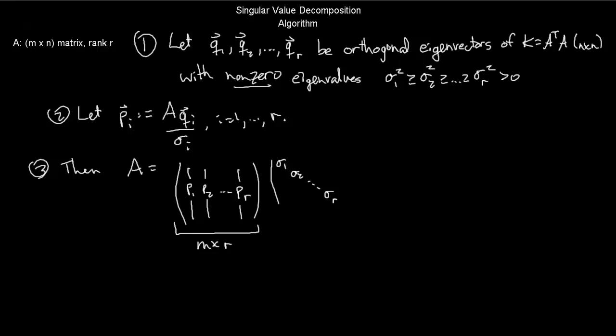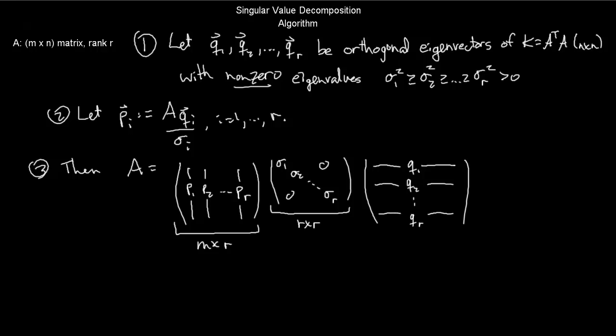It only has the singular values of A on the diagonal, sigma 1 through sigma r, and 0 elsewhere. And finally, you'll have to multiply by a matrix with the Q's in the rows. So the first row is Q1, the second row is Q2, and all the way down to the rth row, that's Qr. This is an r by n matrix.